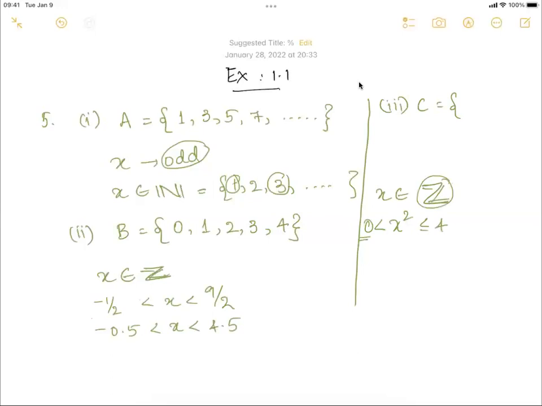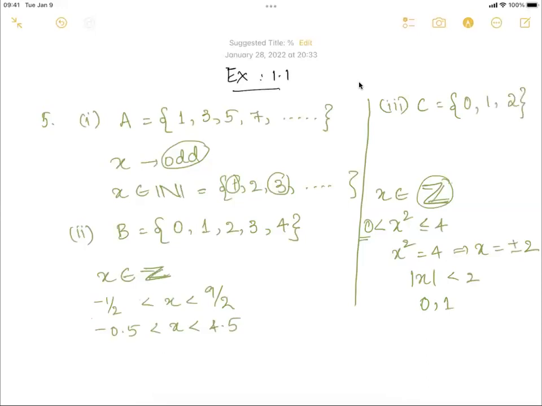You're dealing with integers. So if x squared is equal to 4, that implies that x is plus or minus 2. If x squared is less than 4, then the absolute value of x has to be less than 2. So it can be 0 or 1, right? So C will be the set of 0, 1, and 2.